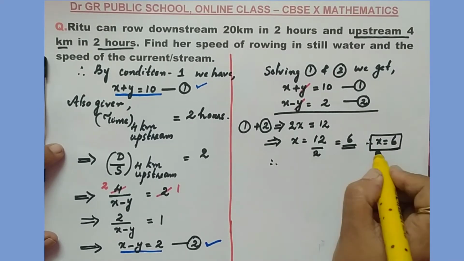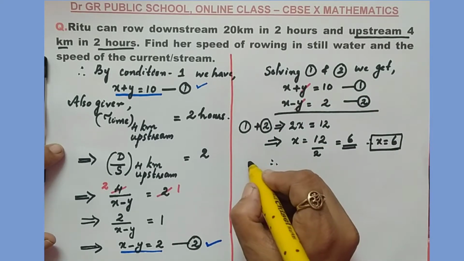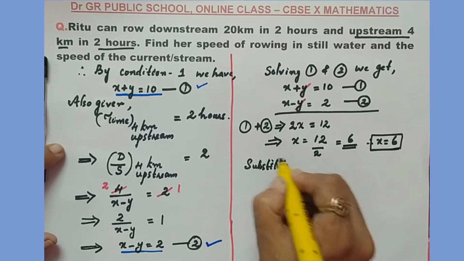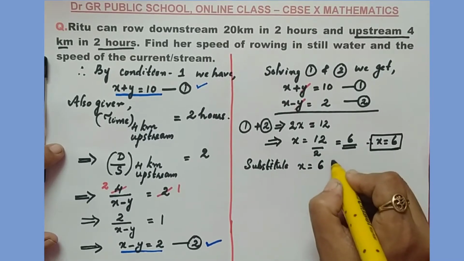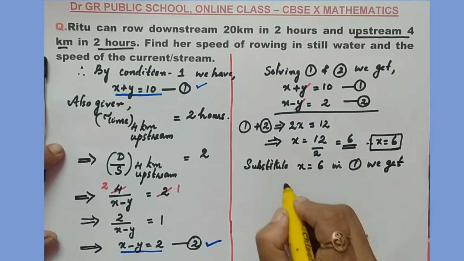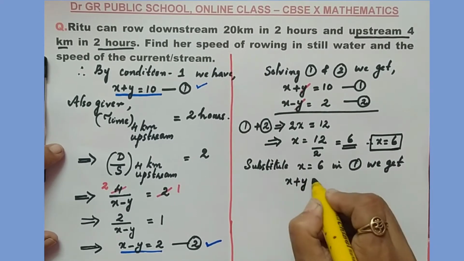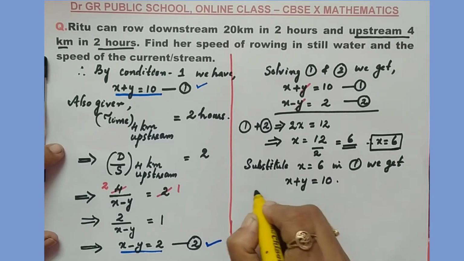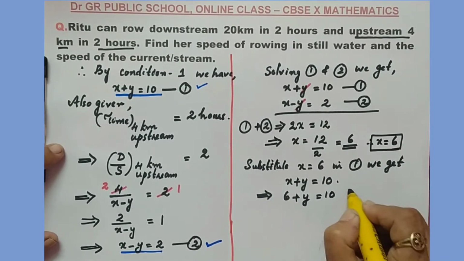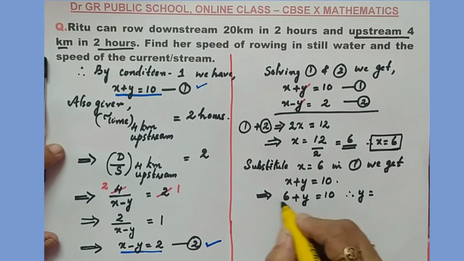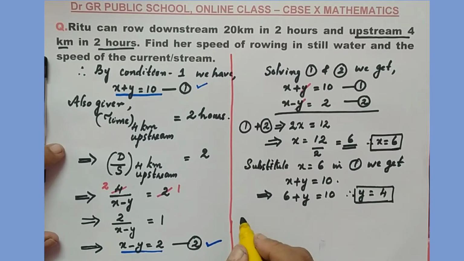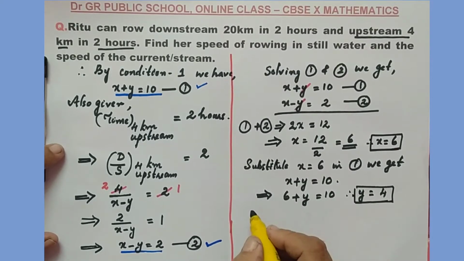Now I am going to substitute the value of x in any of the equations. Substituting x equal to 6 in equation 1: x plus y equals 10, which implies 6 plus y equals 10. Therefore, y equals 10 minus 6, which is 4. Now, what are x and y?